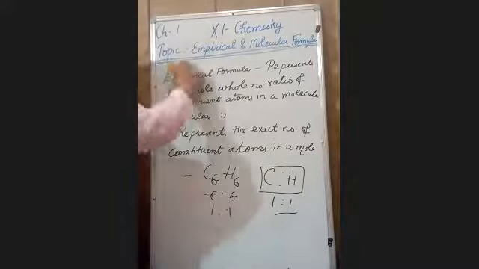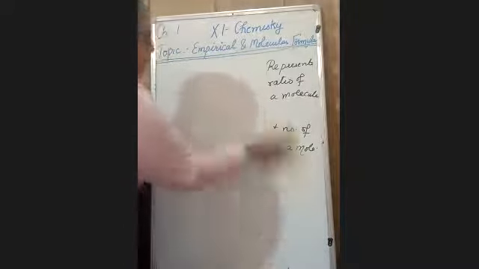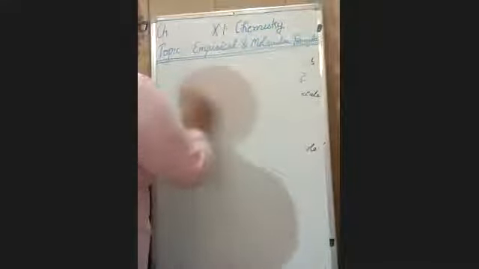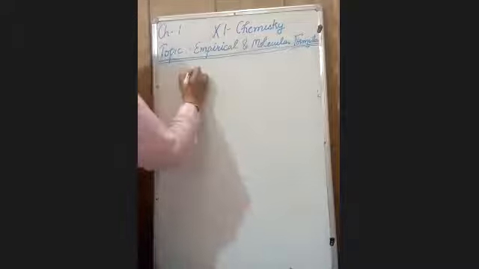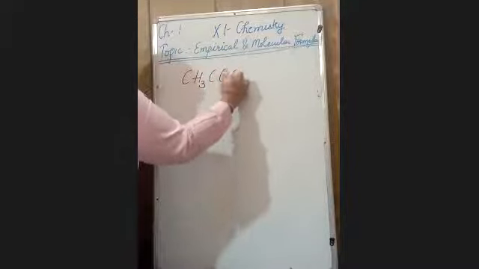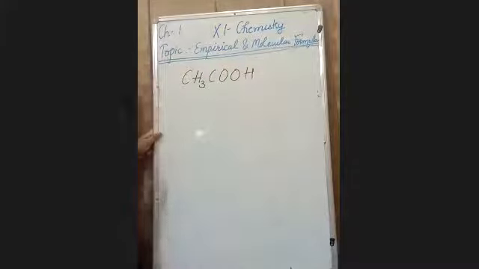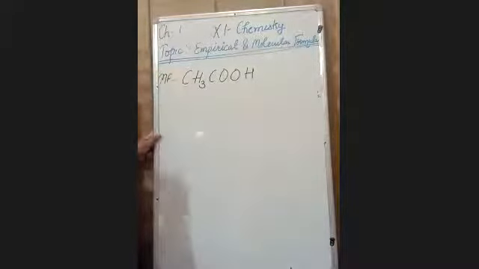Now, if I say write the molecular formula of acetic acid and write its empirical formula also. So, CH3COOH is your acetic acid. This represents the actual number of all the constituent atoms present in a molecule. This is the molecular formula of acetic acid.